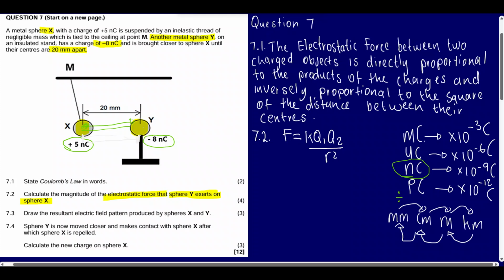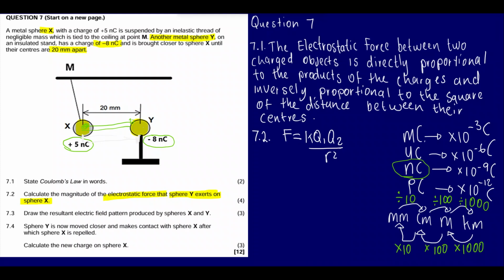I know that some students struggle with conversions, right? But here you would divide by 10, you would divide by 100, and you would divide by 1000, right? So here you'll just multiply by 1000, so you can copy this down, and then multiply by 100, multiply by 10, right?